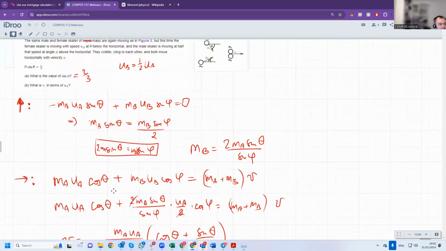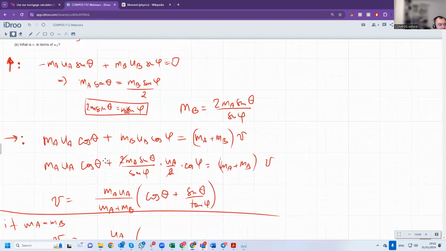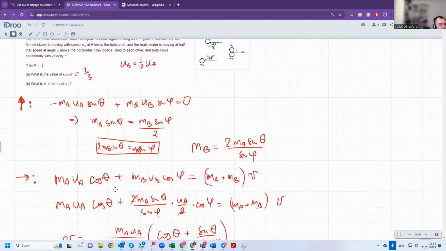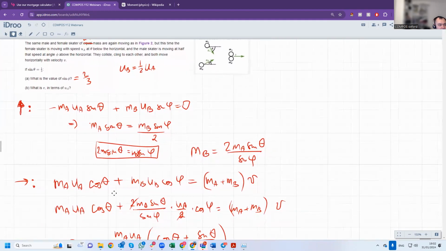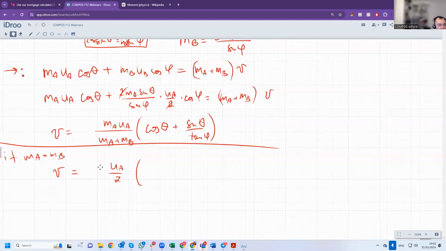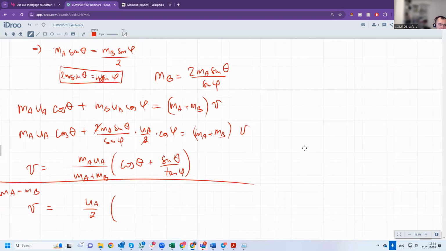So we know sine theta, we need cos phi. So here we use trigonometry. Sine theta is 1/3. Sine phi is 2/3. Cos theta is 2 square root of 2 over 3.